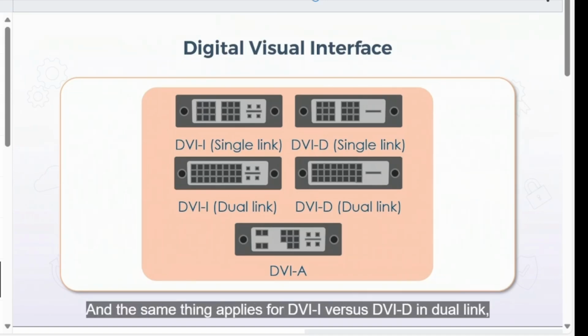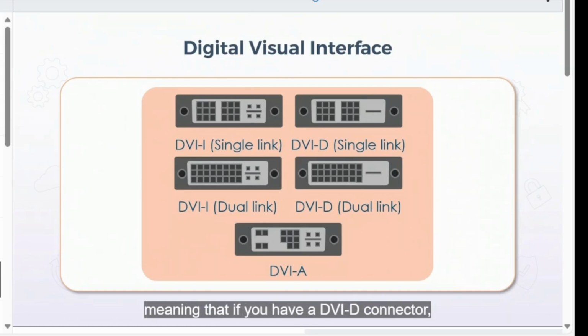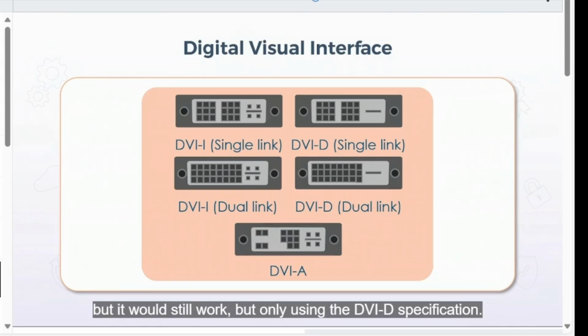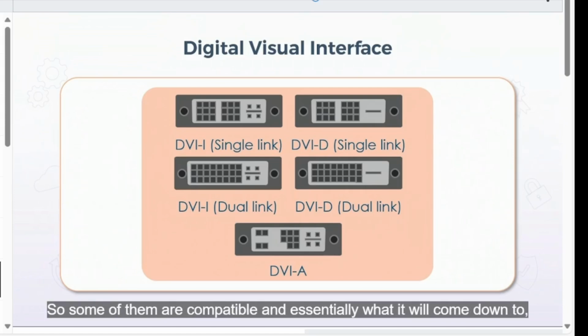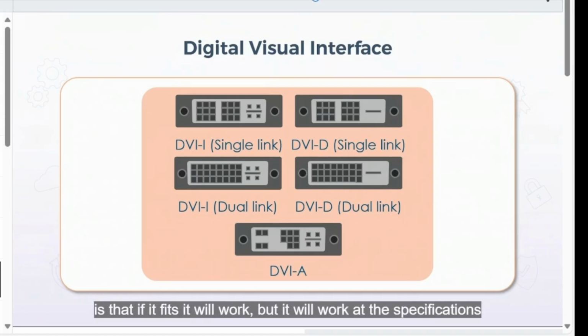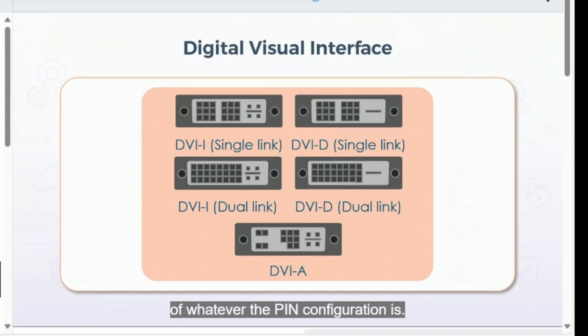And the same thing applies for DVI-I versus DVI-D in dual link, meaning that if you have a DVI-D connector, it could still be used with a DVI-I interface, and those 4 extra sockets simply wouldn't be filled, but it would still work, but only using the DVI-D specification. So some of them are compatible, and essentially what it will come down to is that if it fits, it will work, but it will work at the specifications of whatever the pin configuration is. Now, the DVI-A connector, however, is not compatible with any of the other specifications.